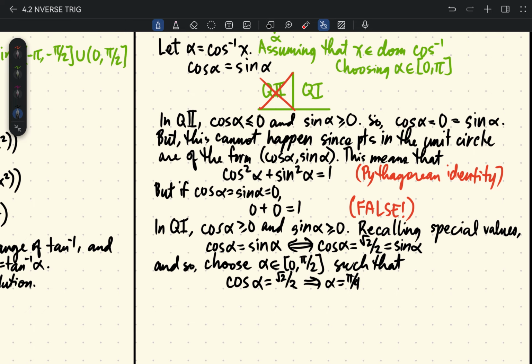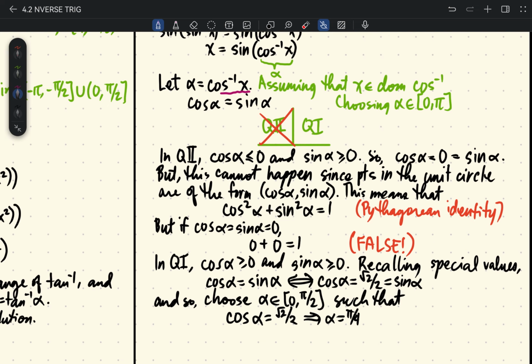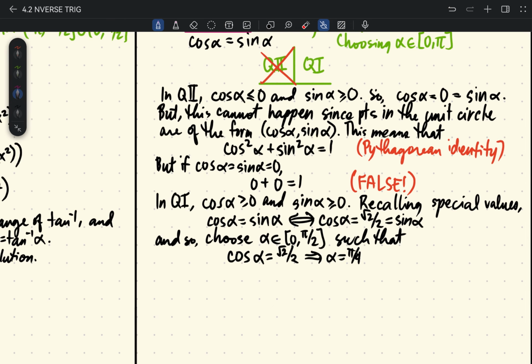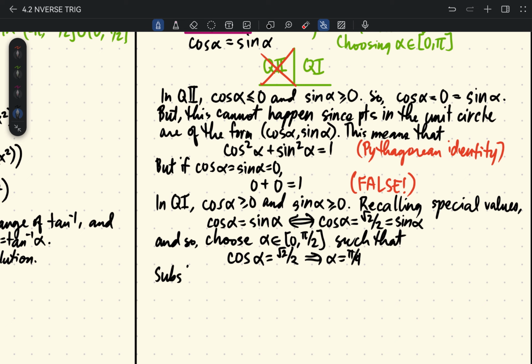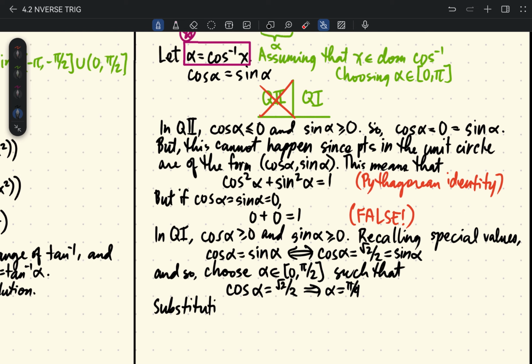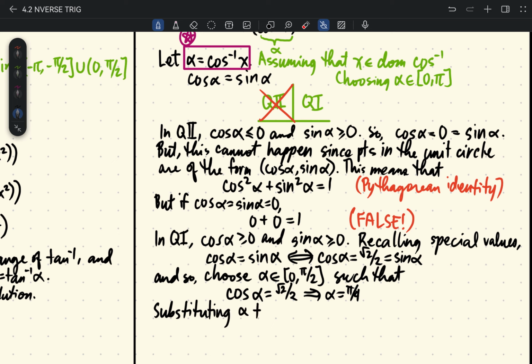So now we have our value for alpha, but what we are looking for is an x value. So using our substitution right here, let's call the substitution star. So substituting alpha to star, we obtain pi over 4 equals cosine inverse of x.